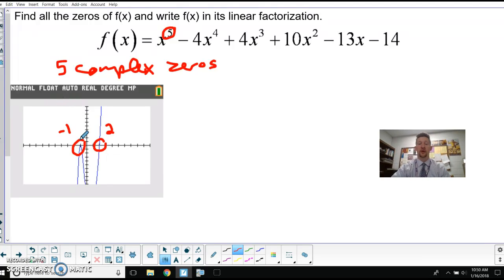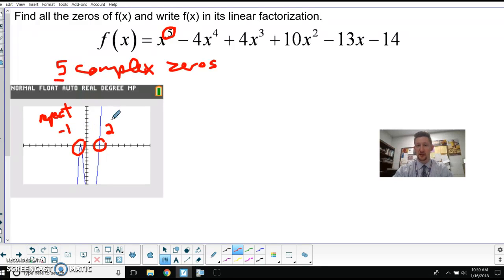If you remember from Algebra 2, if my graph is tangent to the x-axis, it means that this is probably a zero more than once. It's probably a repeat. So I'm just going to make a little note that -1 is probably going to be a repeat zero for us. Now, once I graph it, I think I might have found some zeros, but remember, I had to find 5 total.